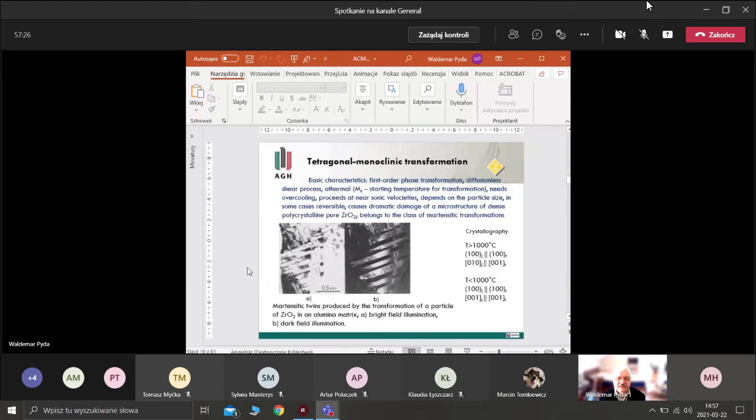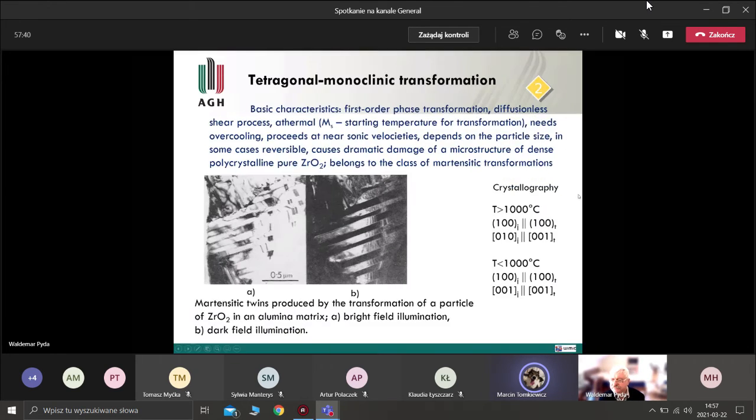Diffusionless. Yes. Diffusion means for you what? The action of moving an atom or particle through something to make the concentration of that particle equal.